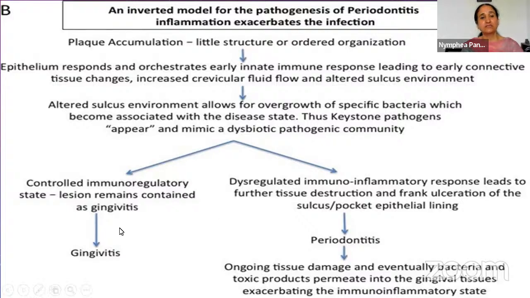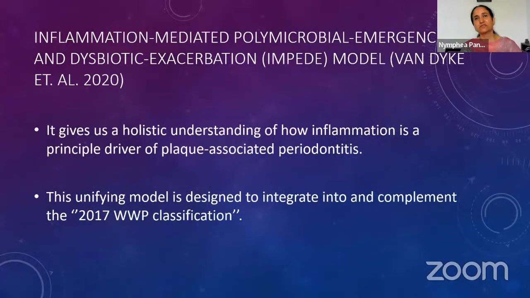There is a dysregulated immunoinflammatory response to the organisms which use these nutrients, and that is how the disease occurs. If the immunoregulatory state is normal in a patient without any risk factors, it will go only up to gingivitis and never progress to periodontitis. So this concept gave us the idea that the primary thing is inflammation, and the organisms are secondary to the primary development of the milieu.